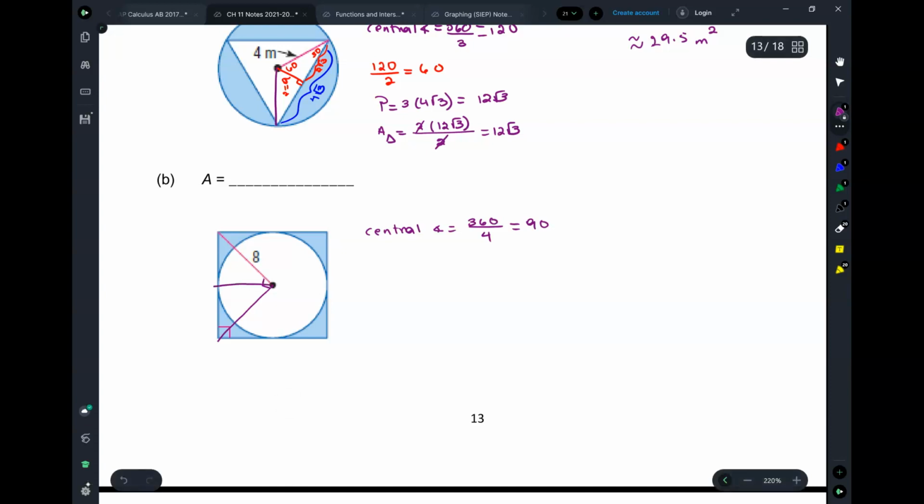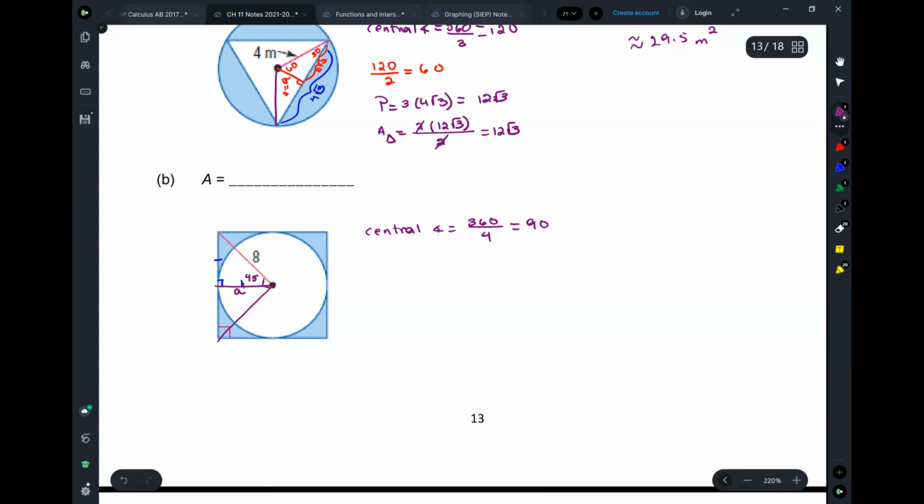And when I split this up, this is the apothem. I get a 45-degree angle here. Whenever I have 45-degree angles, I always like to mark the congruent legs.